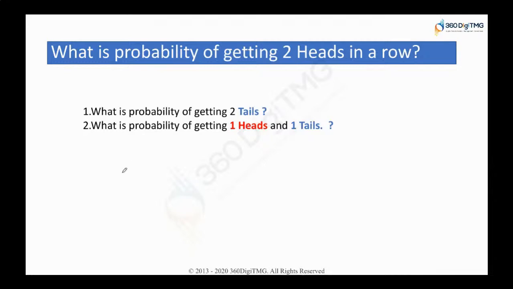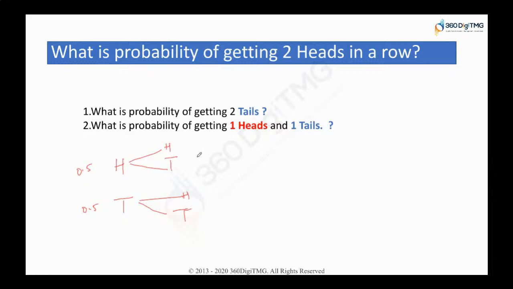So first you are tossing a coin, heads and tails. This probability is 0.5, this probability is 0.5. Now the second time when you toss it, you have an equal chance again, here also. Heads and tails.